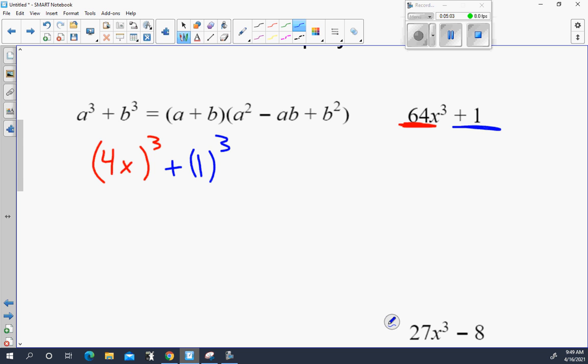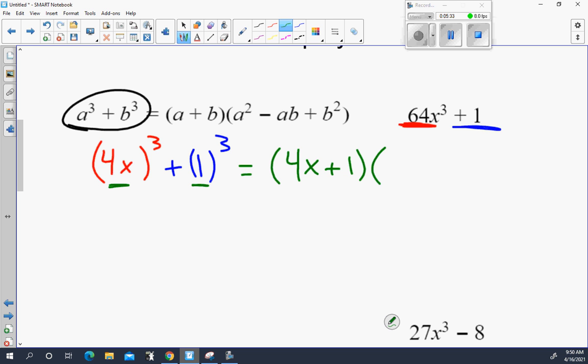Okay, now I have it in this form: A cubed plus B cubed. And I'm just going to plug these in. What is A? Well, A is 4x. So we're going to say this is equal to 4x plus B. What's B? 1. 4x plus 1 times A was 4x, so (4x) squared.